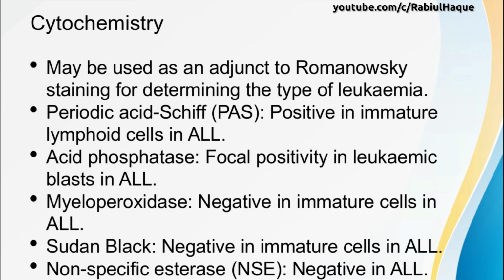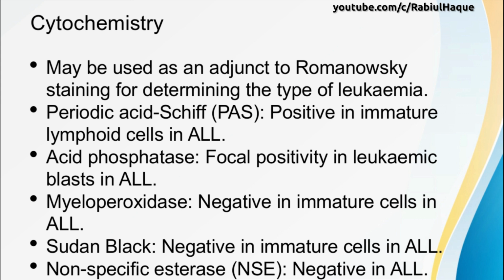Regarding cytochemistry, always remember cytochemistry may be used as an adjunct to Romanowsky staining for determining the type of leukemia. Periodic acid-Schiff or PAS will be positive in immature lymphoid cells in acute lymphoblastic leukemia.